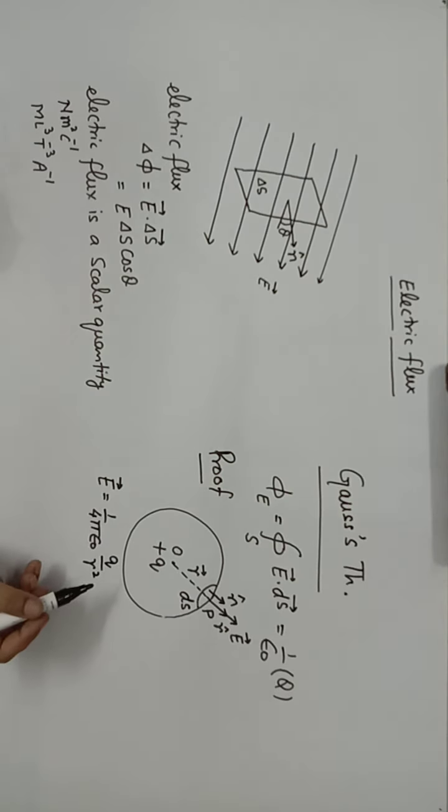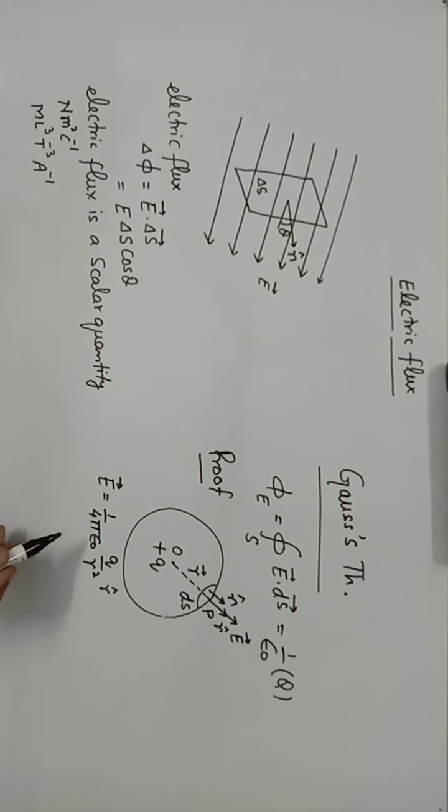But when the left side we write in vector term, the right side must be a vector. So we introduce the new term unit vector r cap. Its magnitude is 1. r cap is the unit vector directed along O to P.